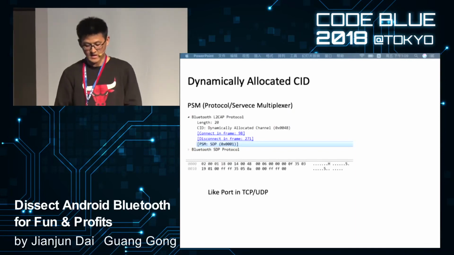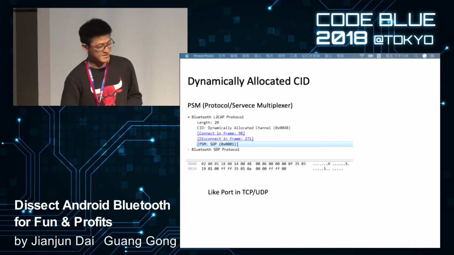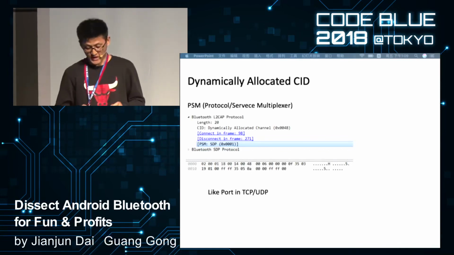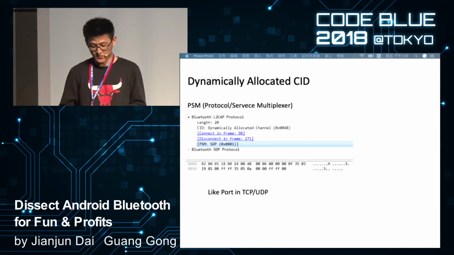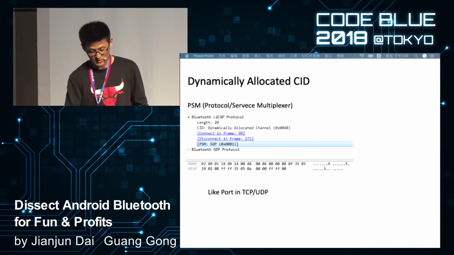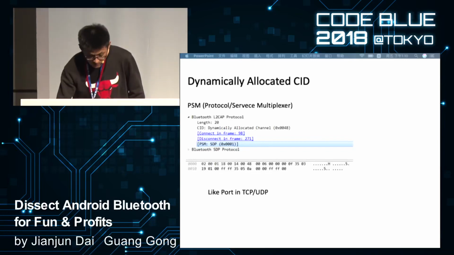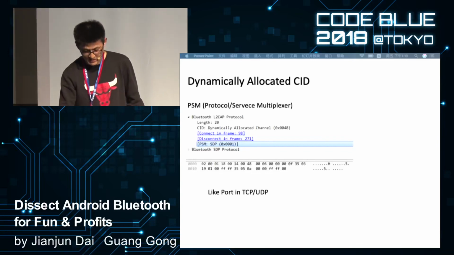A dynamically allocated CID is allocated by using PSM. When you create a socket and specify the value of PSM, the CID will be allocated dynamically.